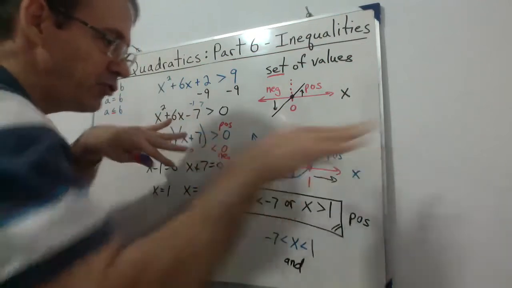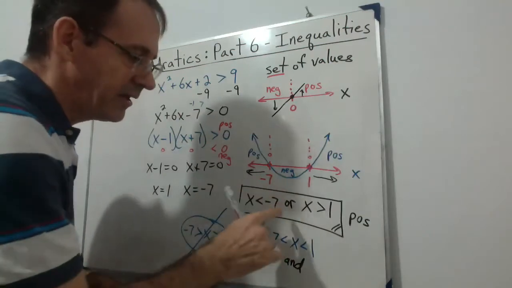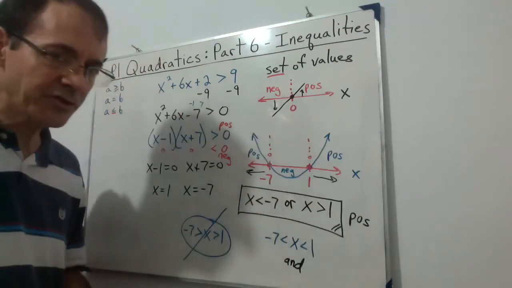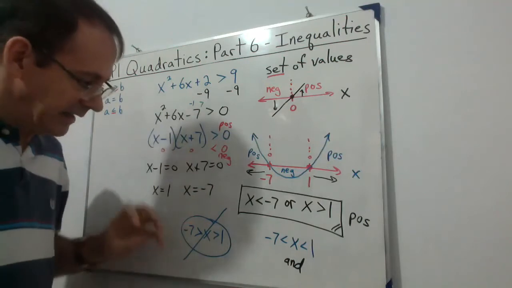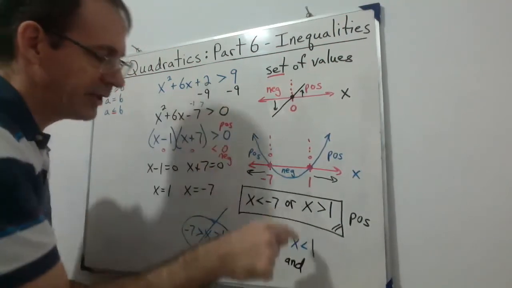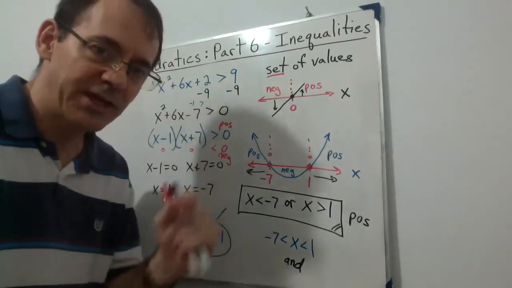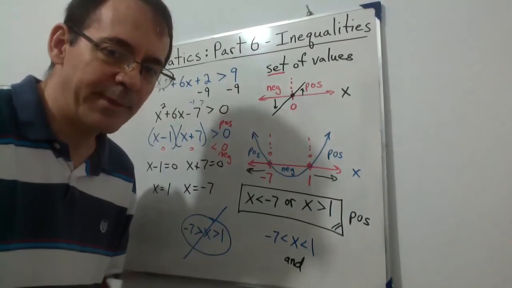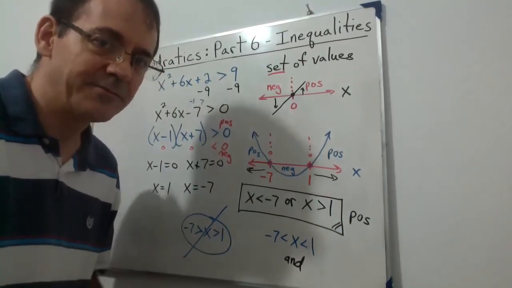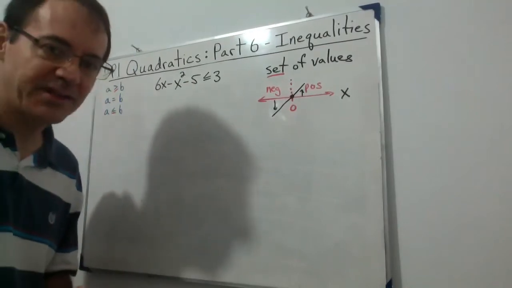If it's going two different directions, you need to write them as separate statements, this or that. So please be careful of that. It's a simple mistake. Also pay attention to whether or not you include the equal sign. Okay, let's set up just one more, to make sure that you got it down. Here we go. This will be our last example.